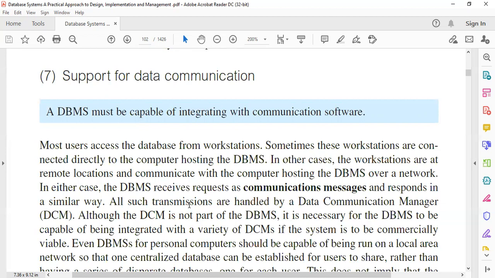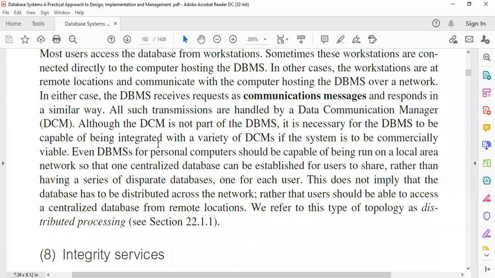And the DBMS must be able to integrate these data communication softwares into its system to enable it to deal with this communication that is happening over the computer network. And remember that we said that one of the softwares that we require in the DBMS environment is the communication software. So this communication software must be integrated with the DBMS to enable the communication.